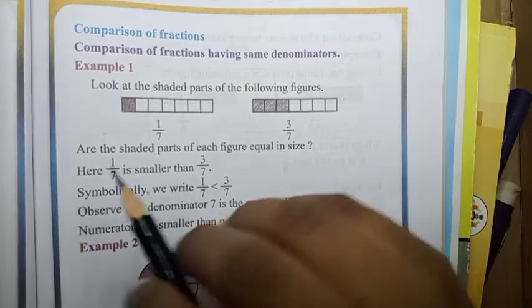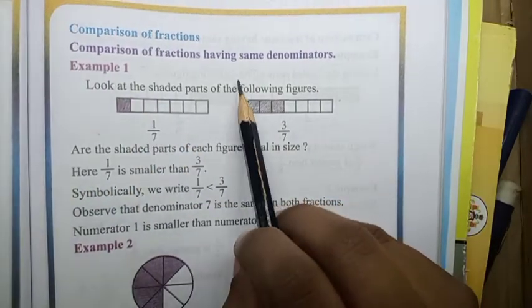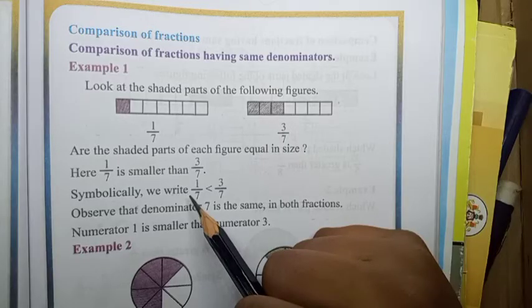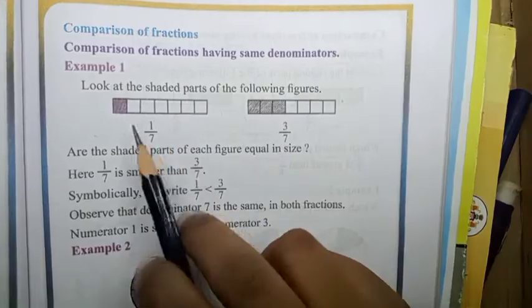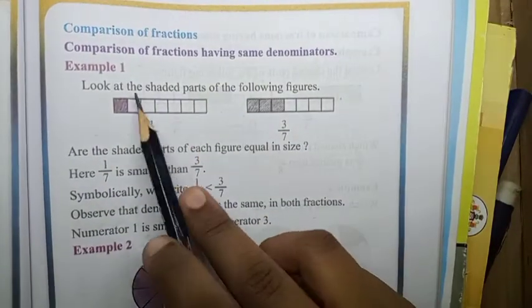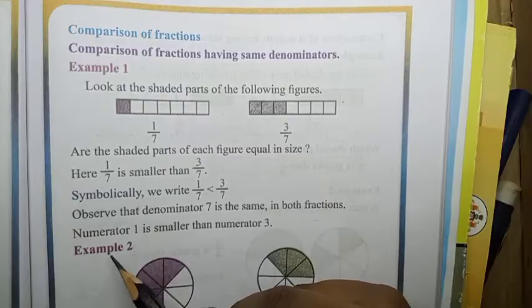Okay, if both fractions have same denominators, how to compare? First we'll look at that. Okay, so look at this one. 1 by 7 and 3 by 7 are there, right? Here if I draw that in picture form, you will know that 1 by 7 is less than 3 by 7, right?